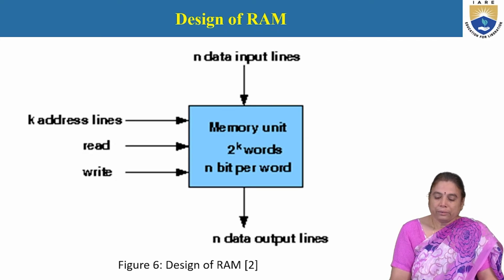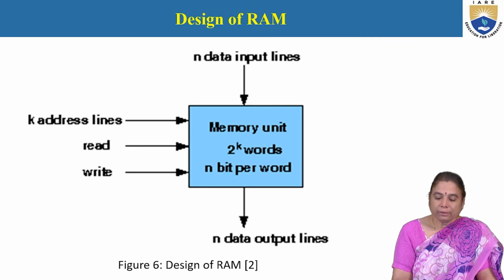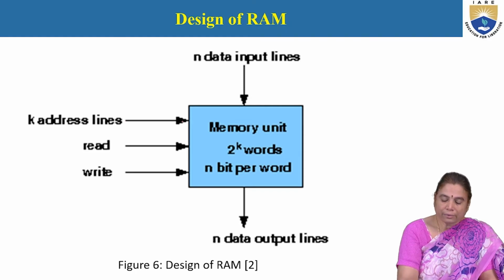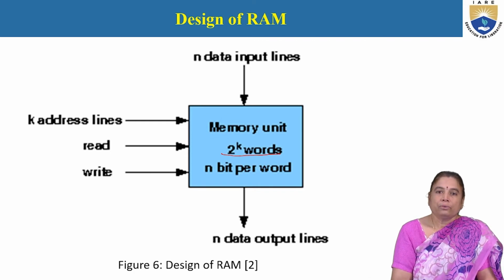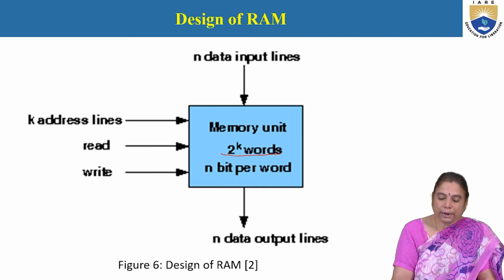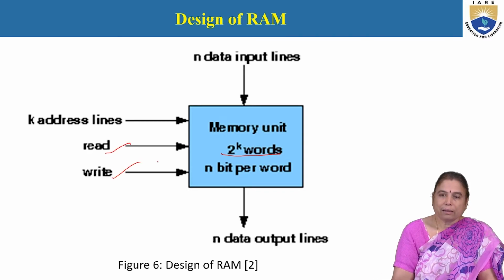This circuit describes the design of the RAM. The lines required for the RAM are K address lines from the address bus, so that the memory address space can be 2 power K words. To support both operations, read as well as write, two signals, read and write, are connected to the RAM.